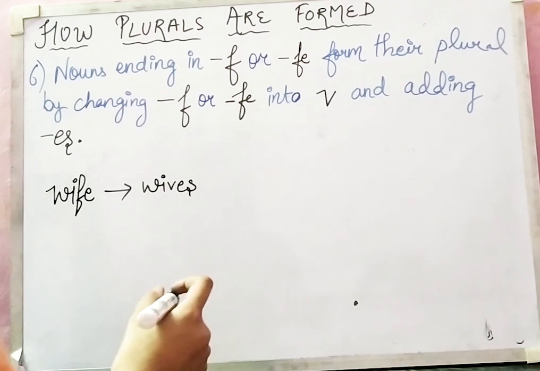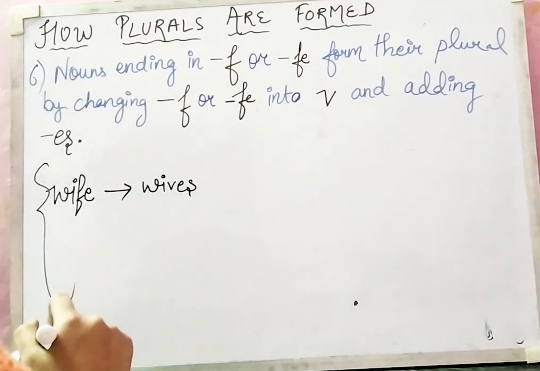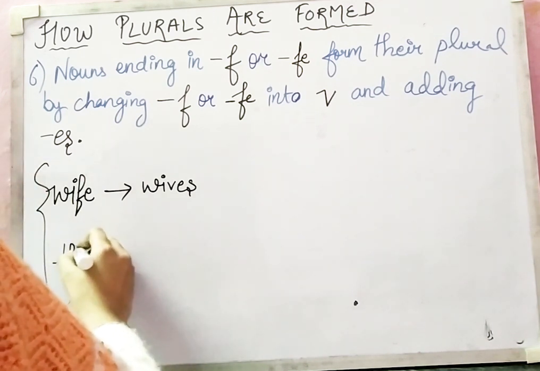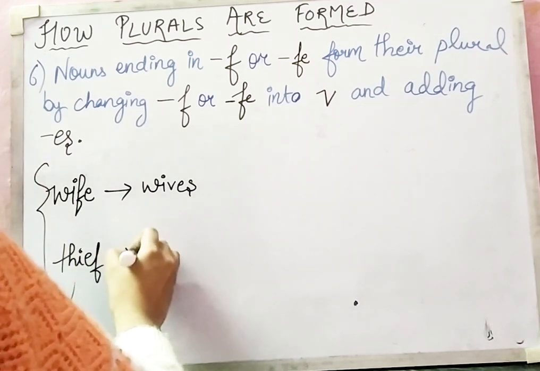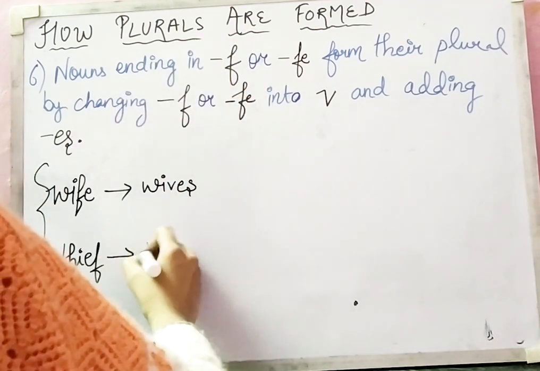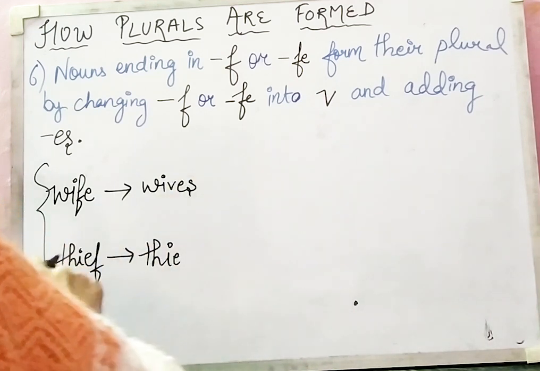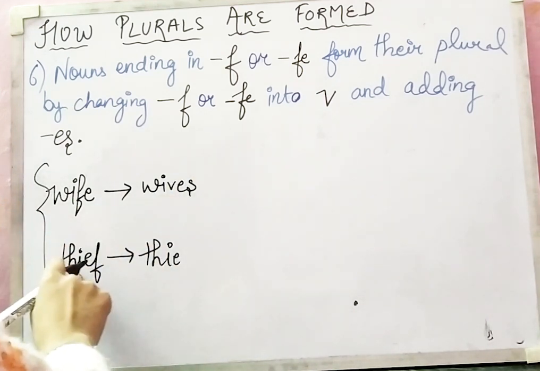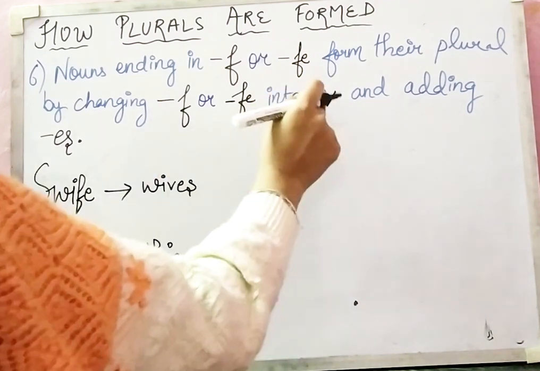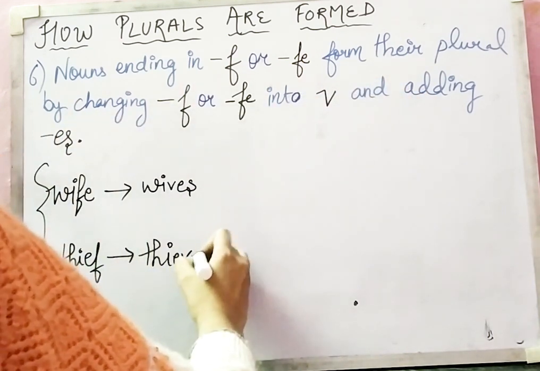Now we can take one more example also, like thief, chor. Thief, this word ends with f only, this f. In this also we have to do a similar thing, that is we just have to write the same word that is written here, but we have to replace f with v and then further add es, means thieves.